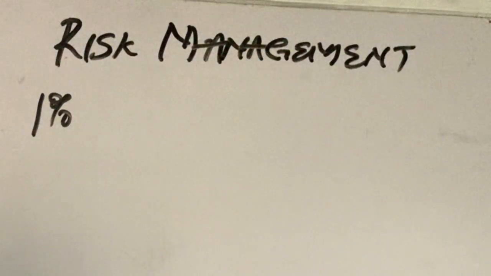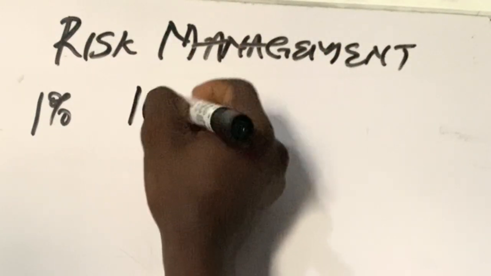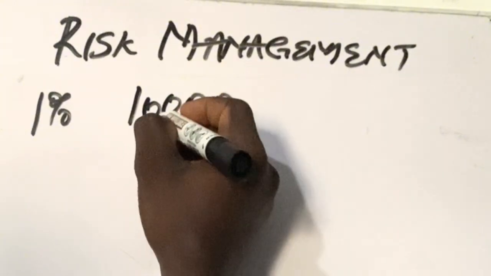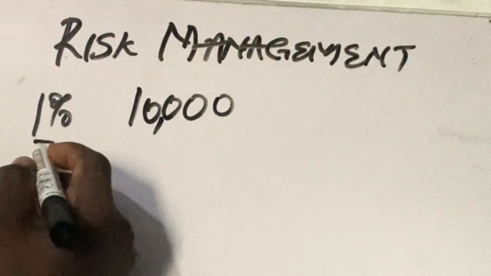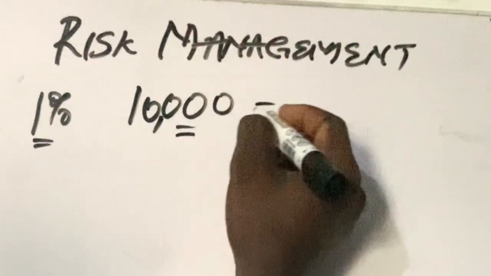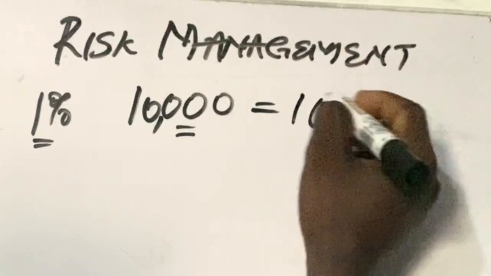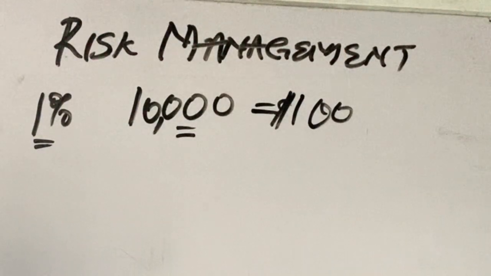Let's say for this video, we are going to be using a $10,000 capital, a $10,000 prop account, and you want to risk 1% per trade. 1% of $10,000 is equal to $100, which means on every single trade you want to take, you only want to risk $100, nothing more than that.